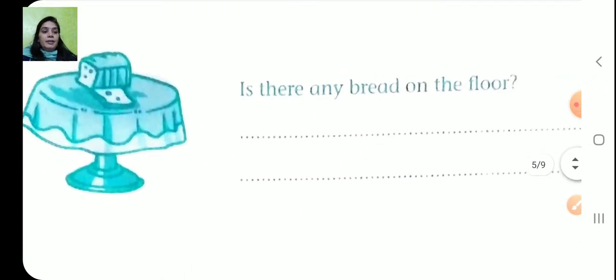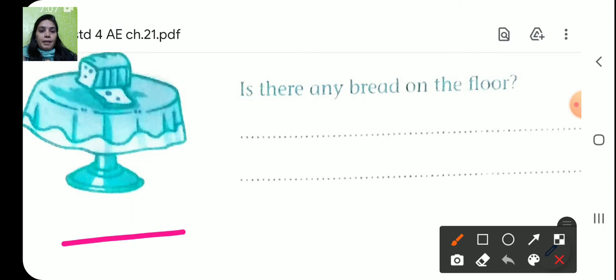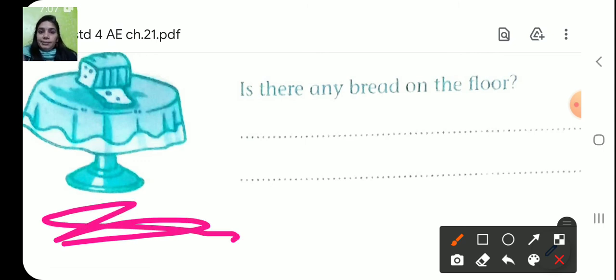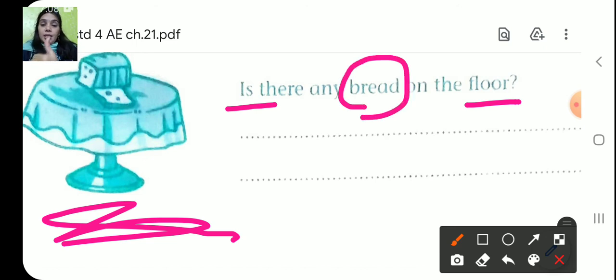Is there any bread on the floor? So floor means, is there anything? Nothing is there. So you will answer for the floor first. There isn't any bread on the floor, but.